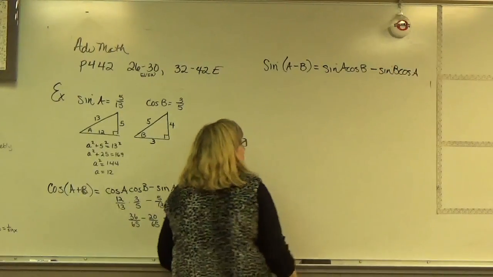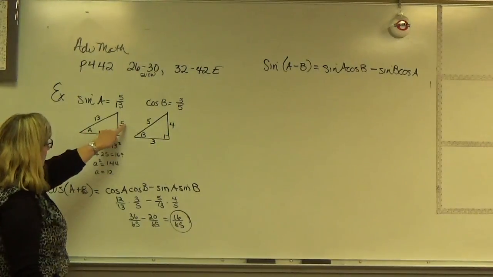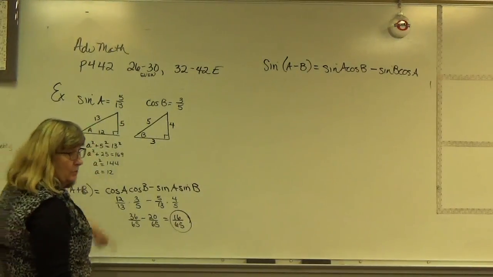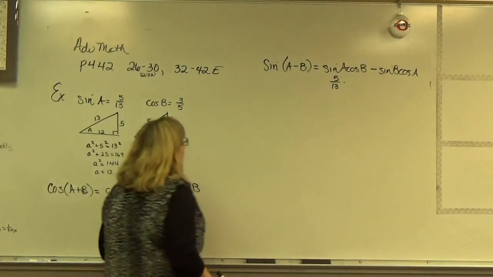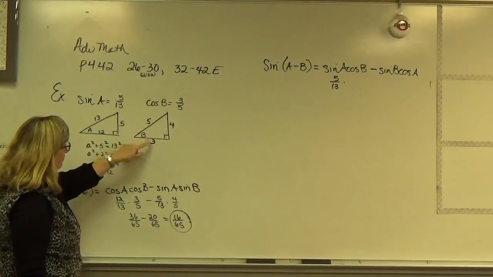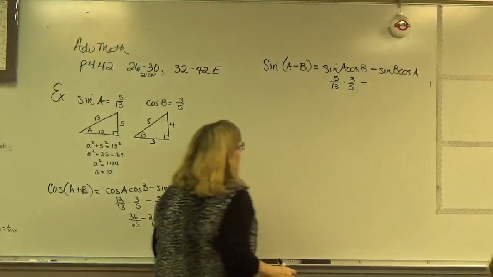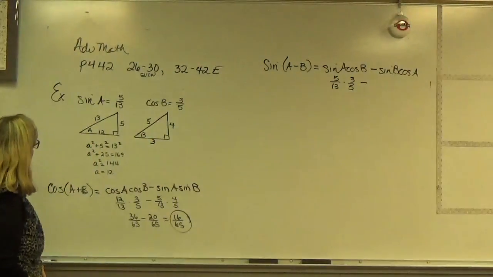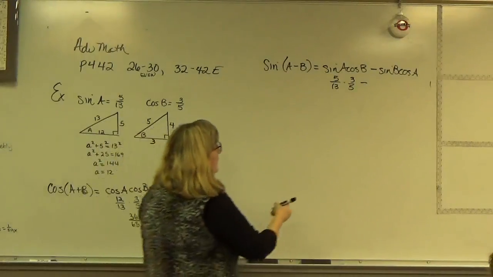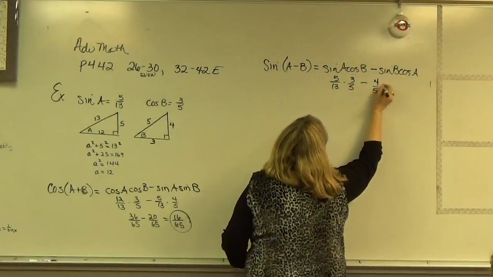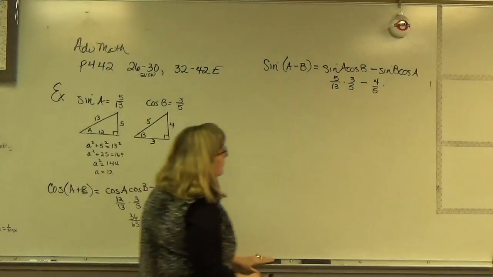So now we go to our triangle, what's the sine of A? 5/13, because it's opposite over hypotenuse. What's the cosine of B? 3/5, adjacent over hypotenuse. What's the sine of B? 4/5, and we want cosine of A, 12/13.